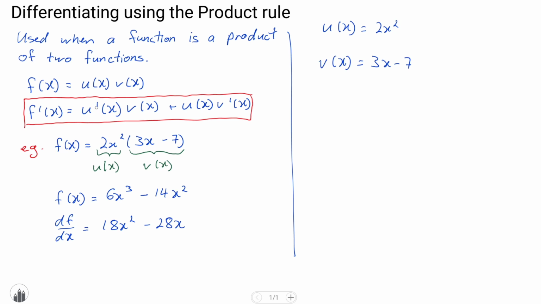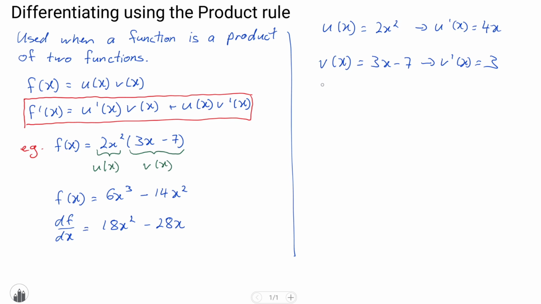Now, if you look over here in the differentiation formula, then you can see that we're going to need to find the derivative of u of x, and we're going to need to find the derivative of v of x. So let's go ahead and do that. The derivatives are going to be given by u dash of x equals 4x, right? And the derivative of v of x, v dash of x, is going to be equal to 3x minus 7 differentiated, which just becomes the constant 3, right?